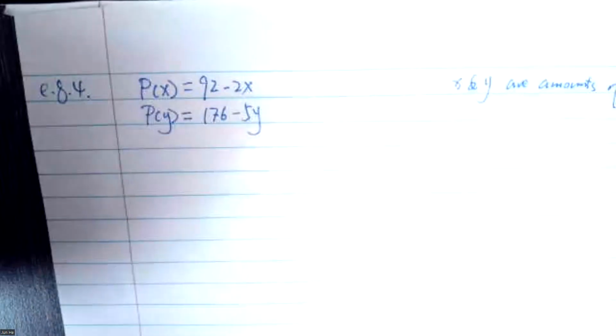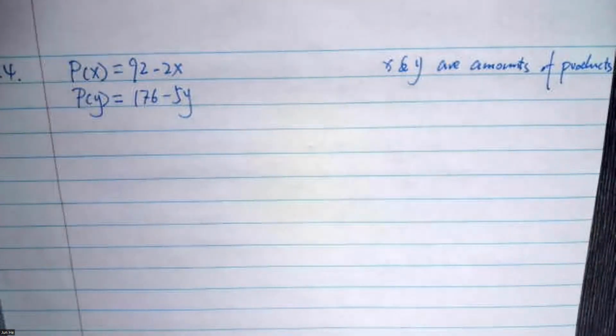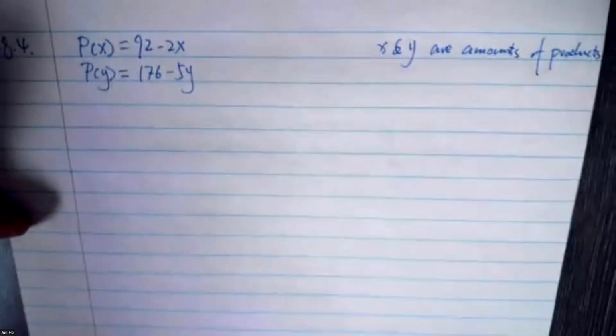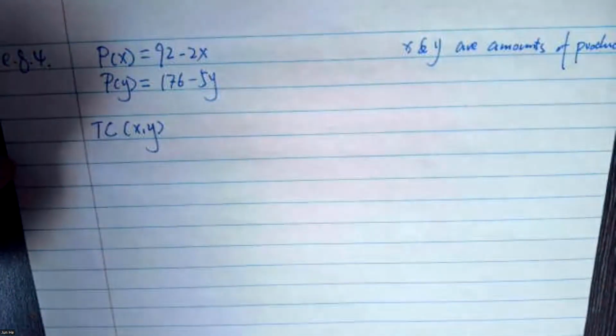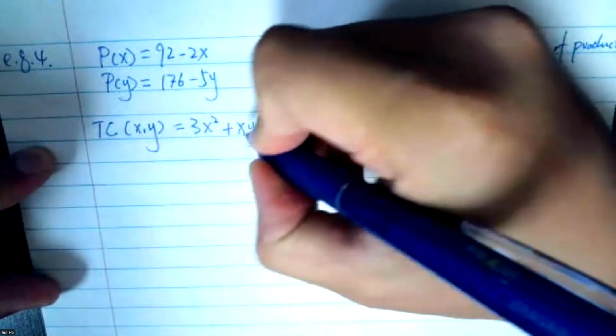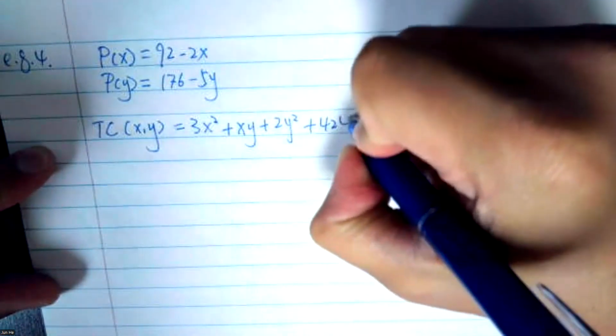So now, different from what we learned in the last unit, what we have here is multiple products included. And the total cost is 3x squared plus xy plus 2y squared plus 424.